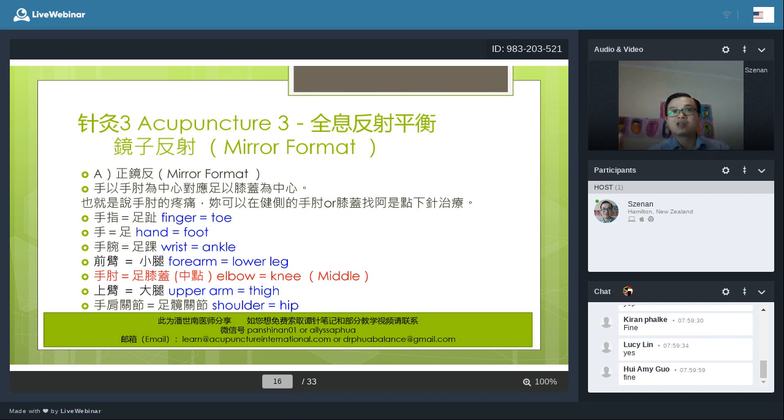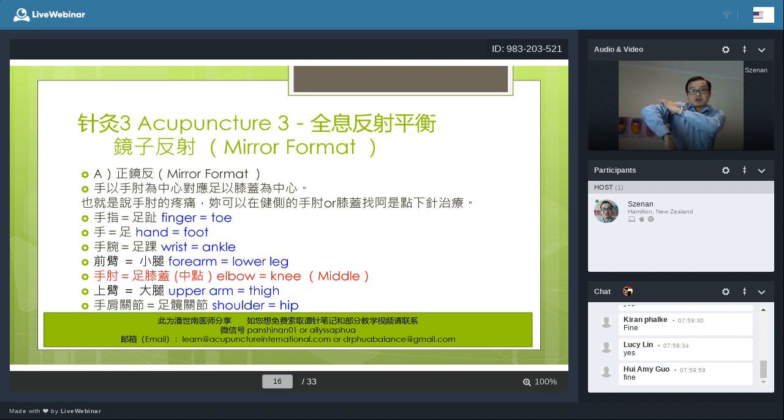But what if I use needles on the other side, on the distal point? If I use a needle on the distal point, for this example, I can needle in here. If that doesn't work well, I can needle here, because this area can balance this area. If this doesn't work well, I can also needle here. If this doesn't work well, I can needle my legs. If that's my leg, I can needle my legs over here.